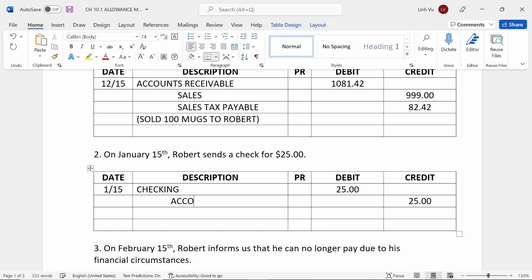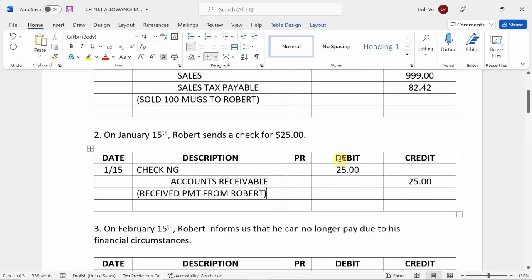You're not calculating it right now. This isn't the ledger. This is just recording that you received a payment, that he's paying for what he owes. So in this case, received payment from Robert.